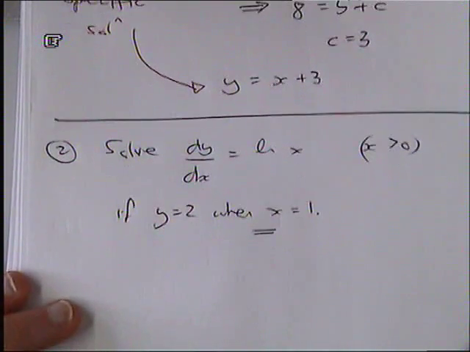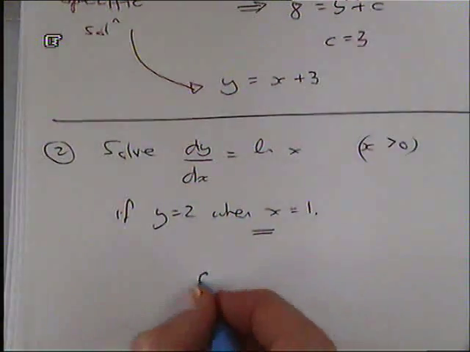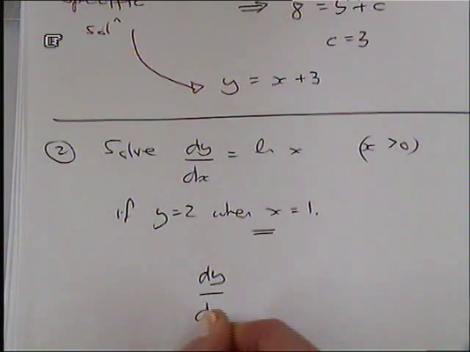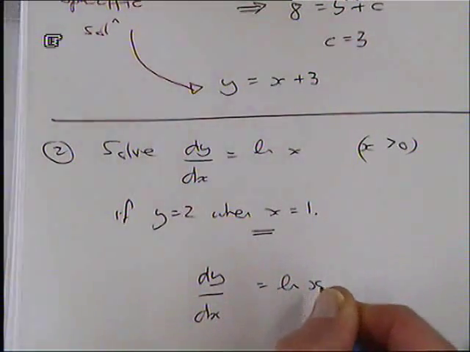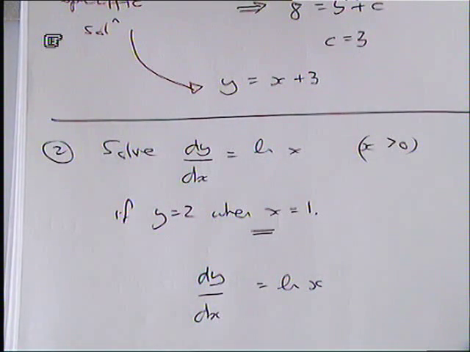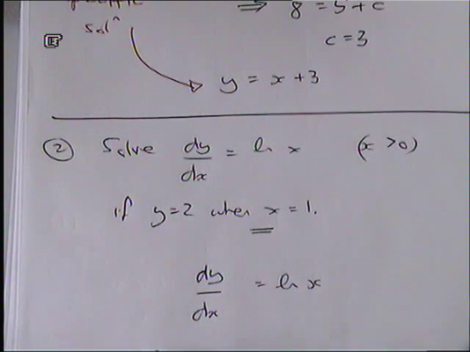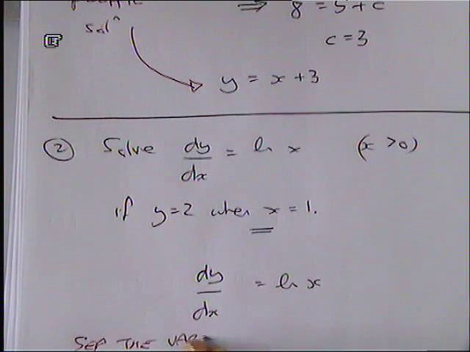So, first thing to do, write down the equation. Okay, what's the next thing then? What was our first move on that last one? X is on one side. Yeah, okay. Separate the variables.